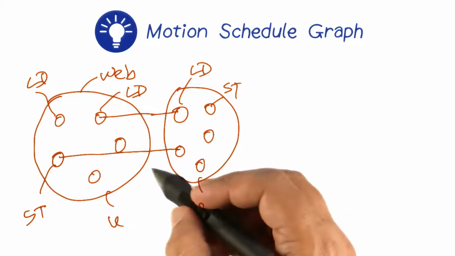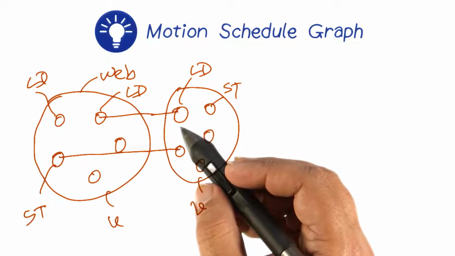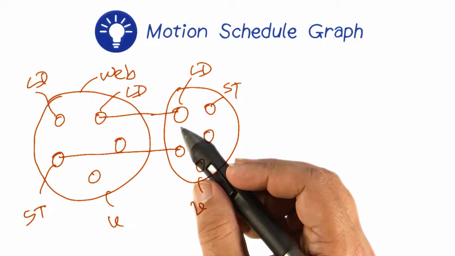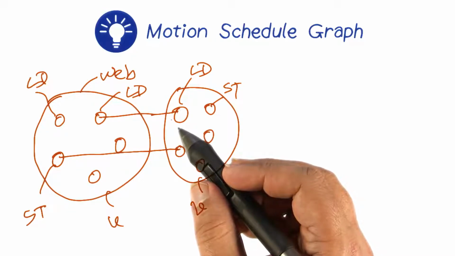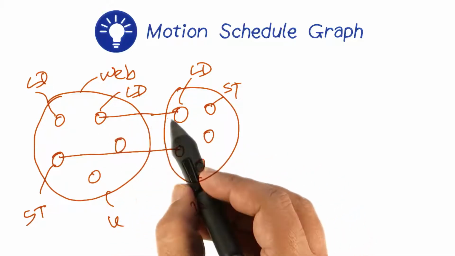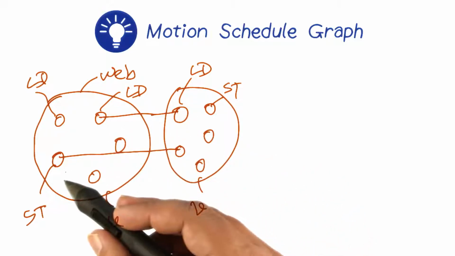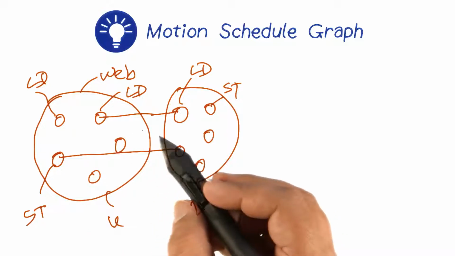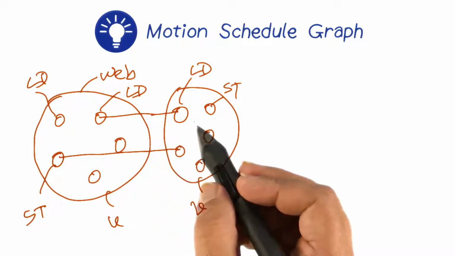So in such a way, we can build a representation of which load stores of which webs can be merged together. How do we decide that? Because they can be moved using the motion schedule graph, and they can be co-located at the same code location. If that is the case, then there is an edge between the corresponding loads, or between a store and a load, or between two loads, and so on.